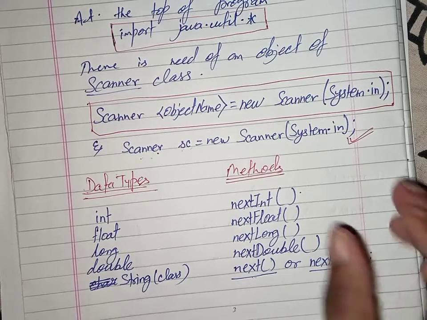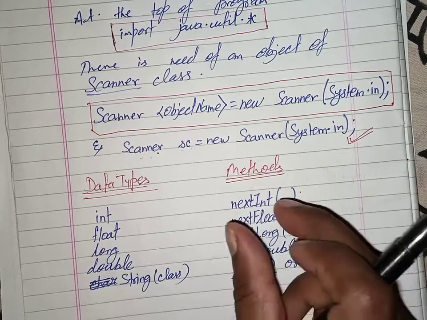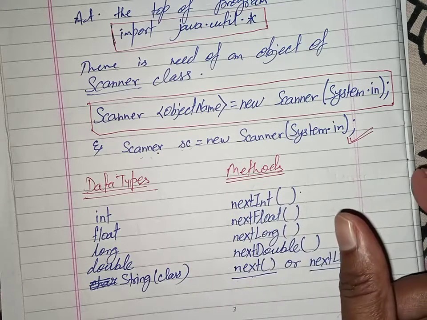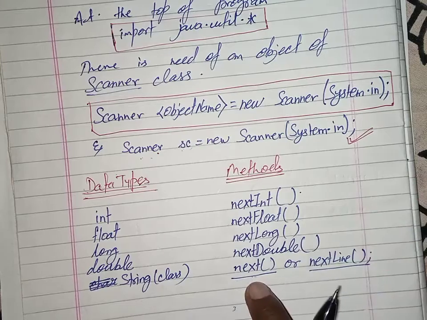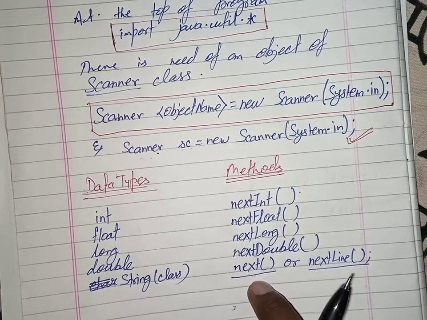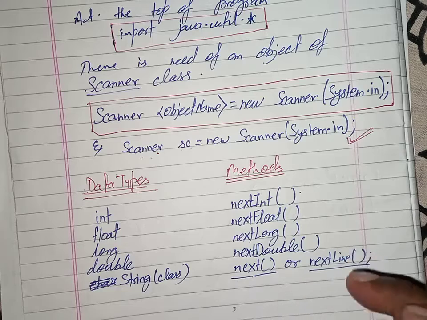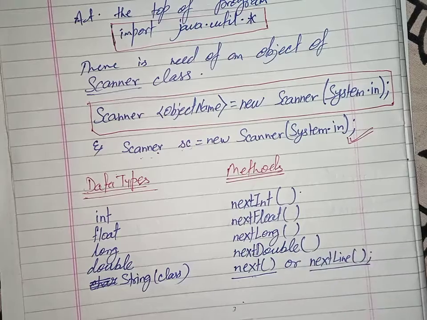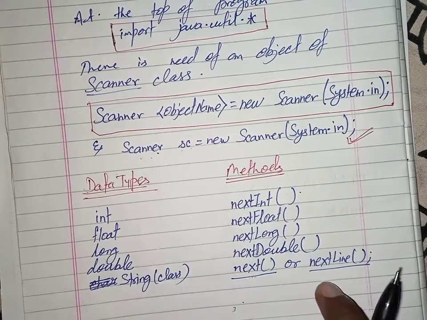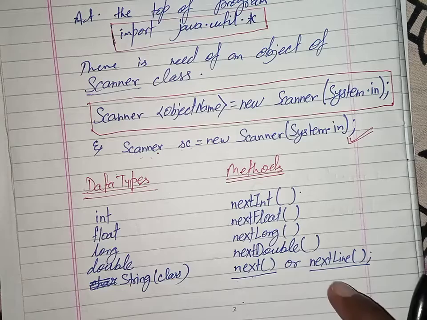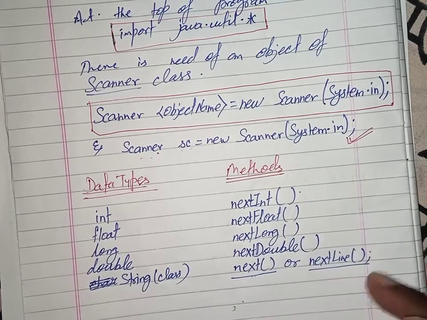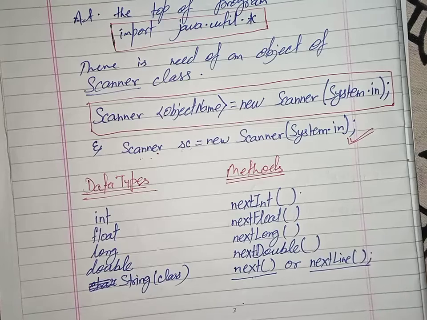Suppose you want to take Sacred Heart, it means Sacred space Heart. But if you use next, only one word will be accepted. It means Sacred will be accepted, Heart will be removed. But if you want to take both words, then you can use nextLine. How you can use, I will tell you further.